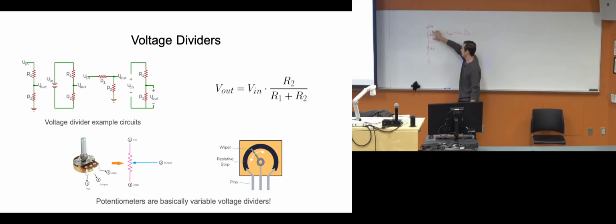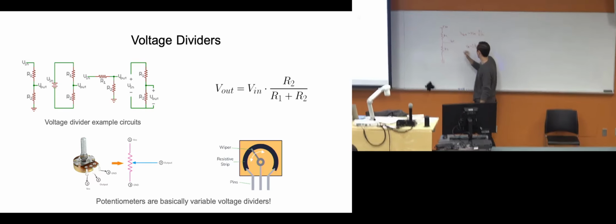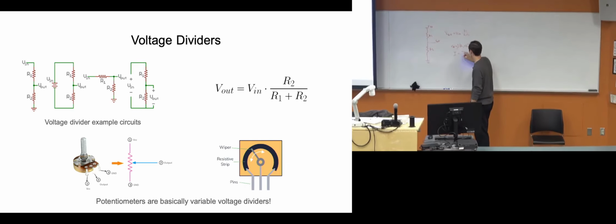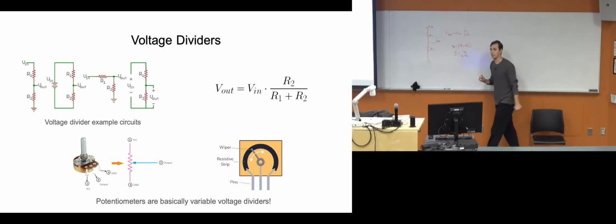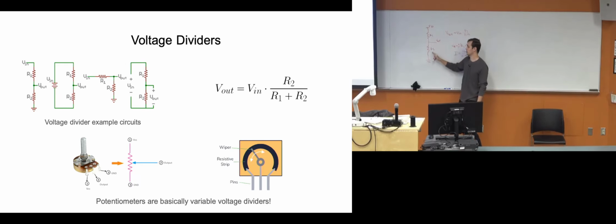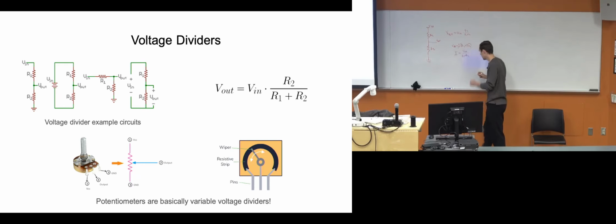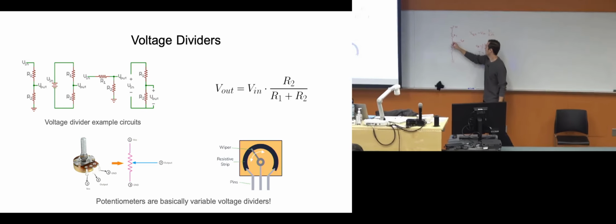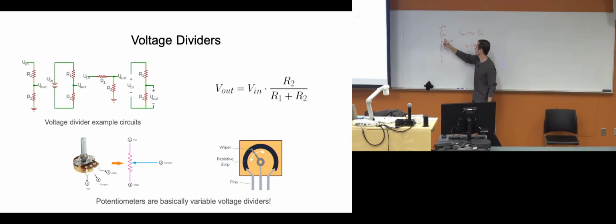So what if we just want to see this section, right? We know the current. The current going through there is VDD over R1 plus R2, right? This is the current going through each of these resistors. But we want to find out this internal node.